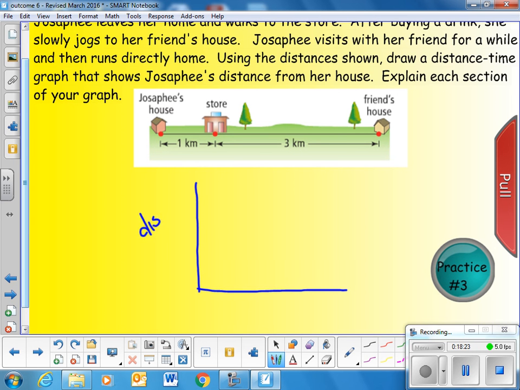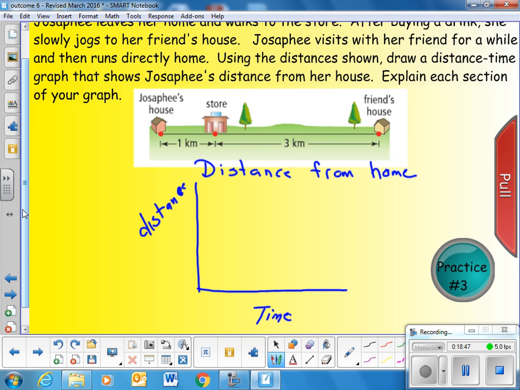We're going to do distance along the vertical axis and time along the horizontal. So this is the distance from home. When we're drawing a graph, it is important to label what our graph is talking about, as well as both axes.